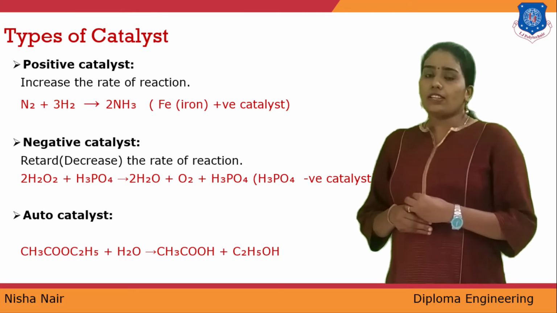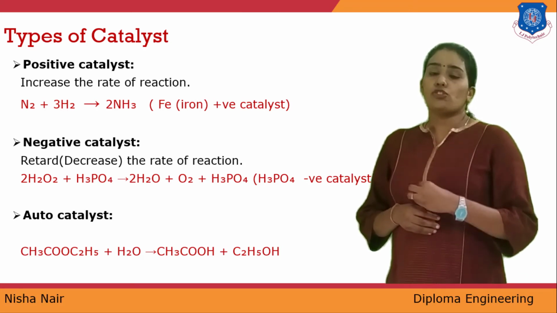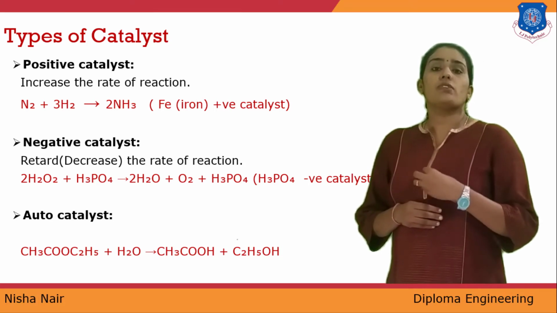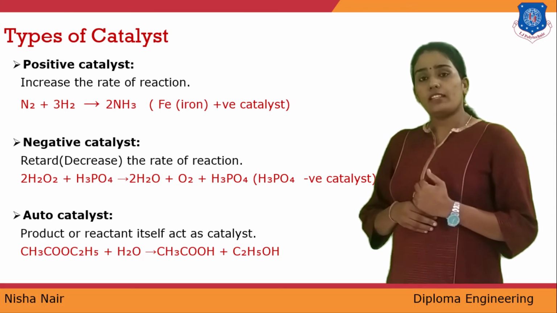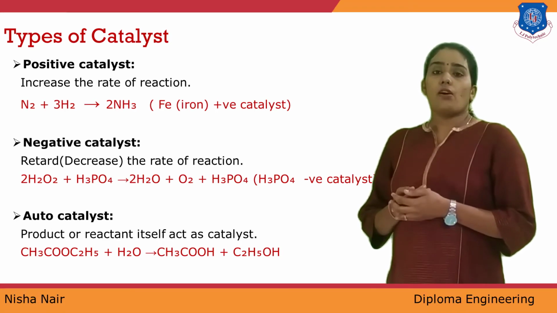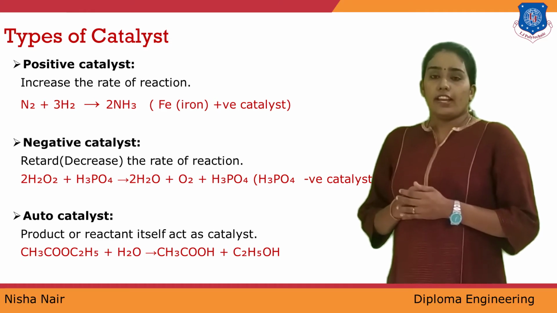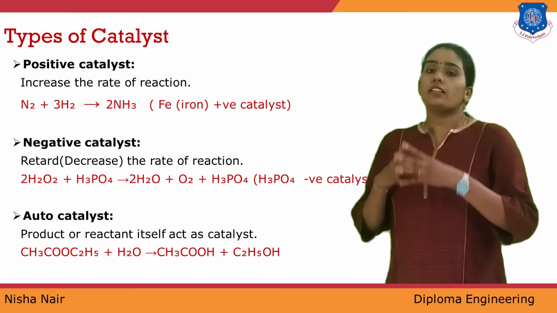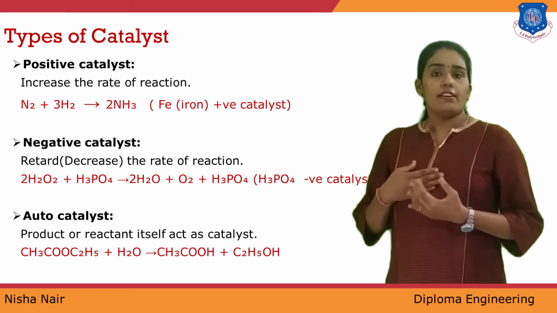Autocatalyst means in some reactions there is a product which automatically acts as a catalyst. No need to add another catalyst to increase the rate of reaction. So in the hydrolysis of ethyl acetate, ethyl alcohol is formed, which is known as an autocatalyst, which itself is a catalyst which helps to increase the rate of reaction. So autocatalyst means the product itself will act as a catalyst to increase the rate of reaction.